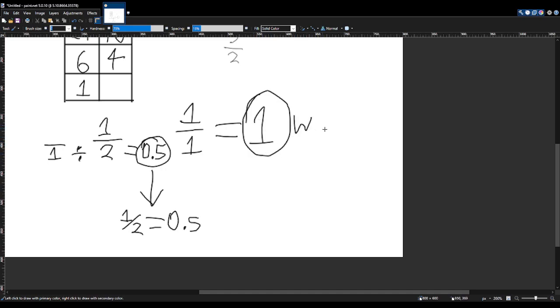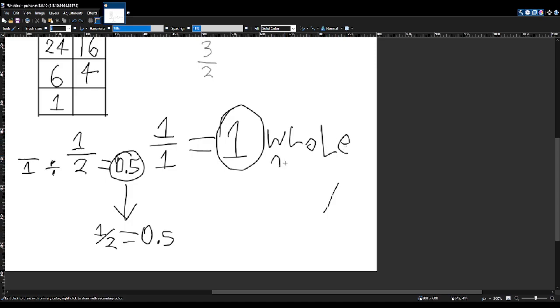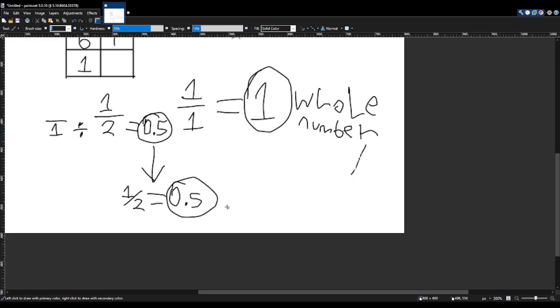This is a whole number right here, and this is not a whole number, since it's not 1. It has a decimal. If it has a decimal, it's not a whole number.